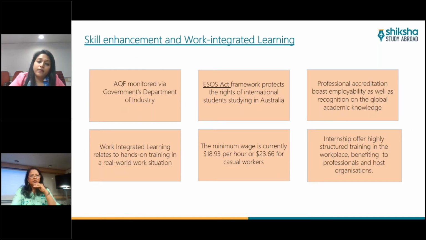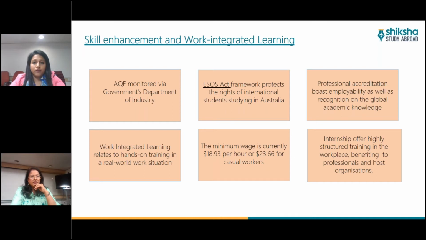Skill enhancement and work integrated learning. When you look at Australia, the education system is monitored by the AQF, the Australian Qualification Framework. The ESOS Act is always in favor of students while they are studying in Australia. Professional accreditations further enhance your knowledge and skills, and can give you benefit as well.